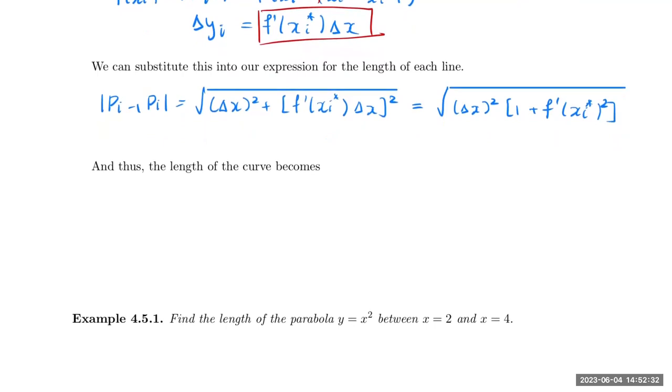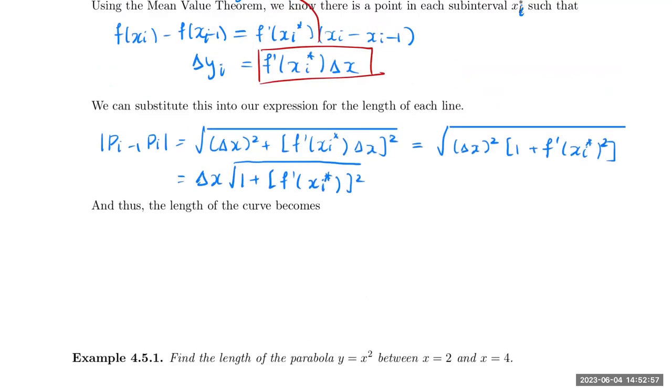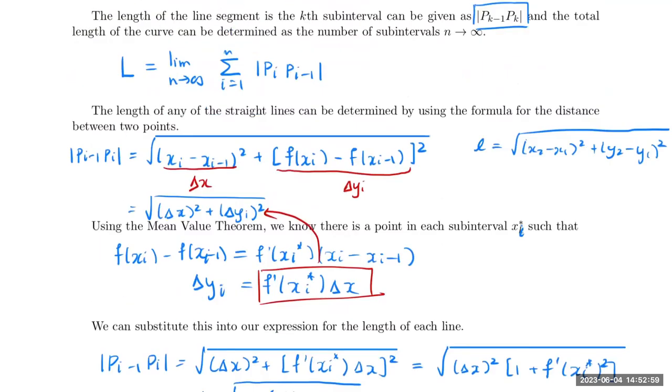And then we could just rewrite this as delta x times the square root of 1 plus the derivative of f at x_i star, whole thing squared. And then there we go. So we have a formula for P_{i-1}P_i. So we could just go ahead and put this back into the limit formula.